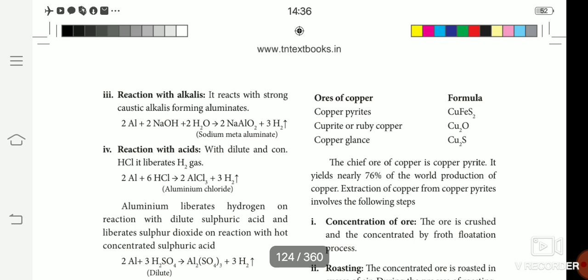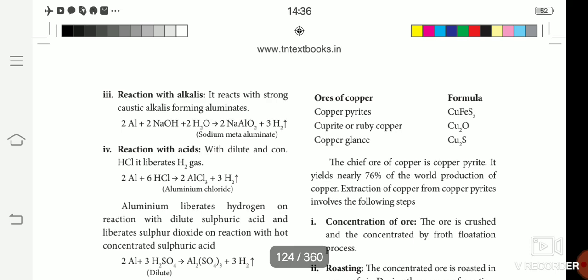The important ore of copper is copper pyrites, which yields 76% of the world production of copper.